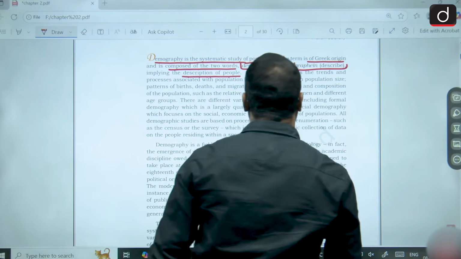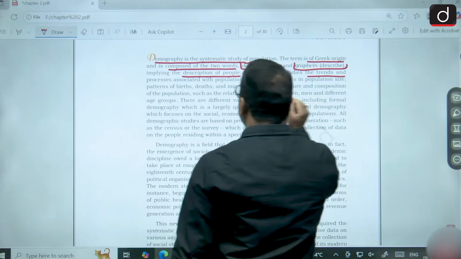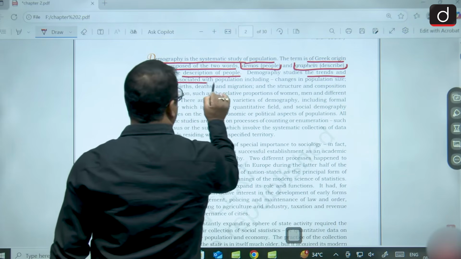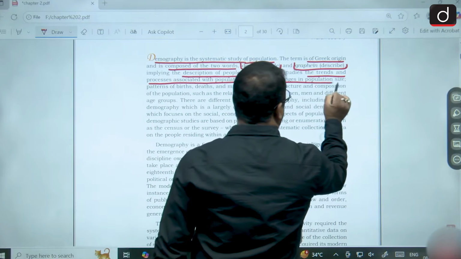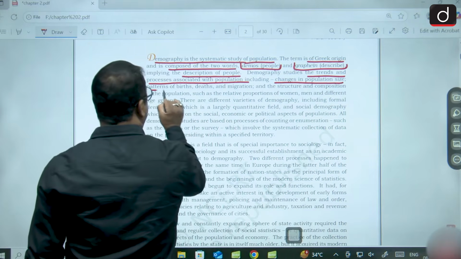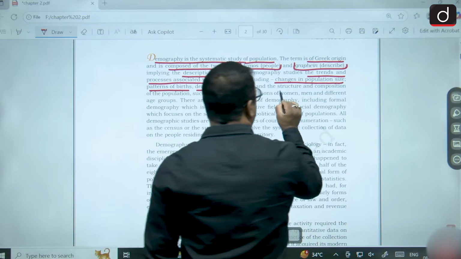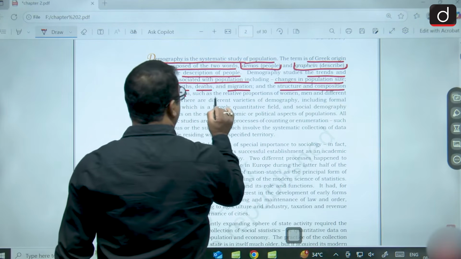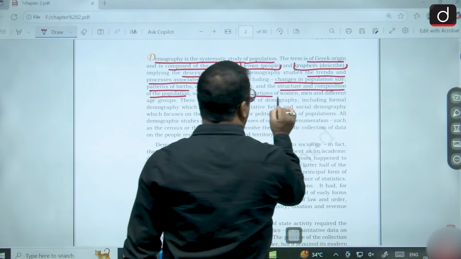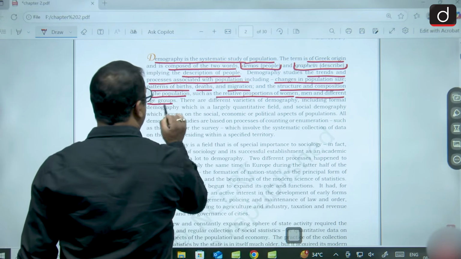Description of people. And demography studies the trends and processes associated with population, including change in population size, patterns of births, deaths, migration, and the structure and composition of the population, such as the relative proportion of women, men, and different age groups.